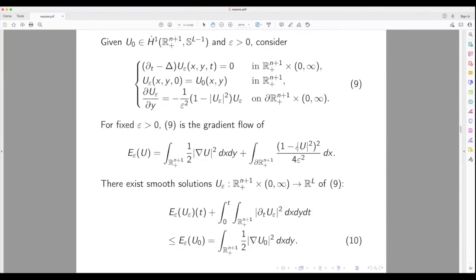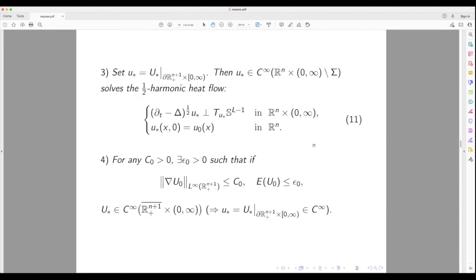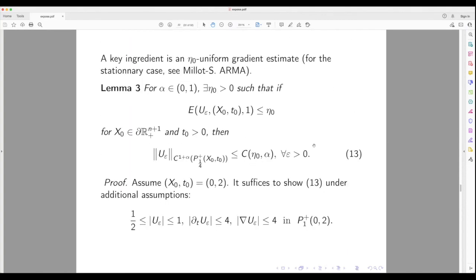So using the Nash embedding, if you have a hypersurface like the sphere, this is very easy, but if you take any closed manifold, using the Nash embedding you manage to construct a potential such that the level sets are exactly the manifold that you are looking at. So you replace Ginzburg-Landau by something else. Exactly. I still call it Ginzburg-Landau.